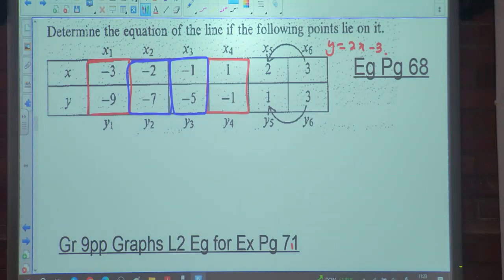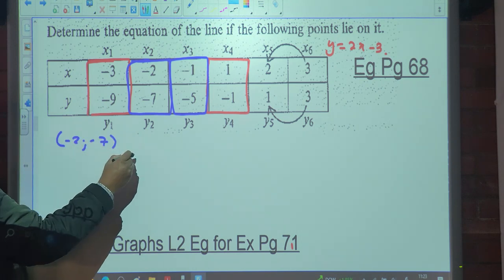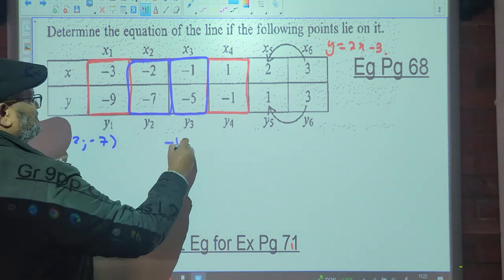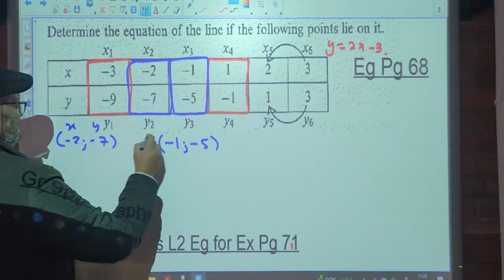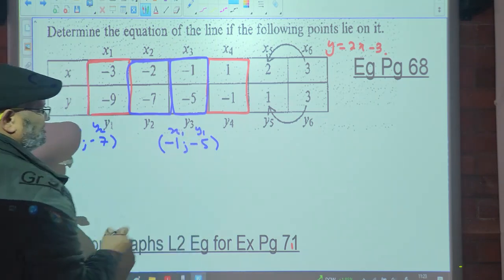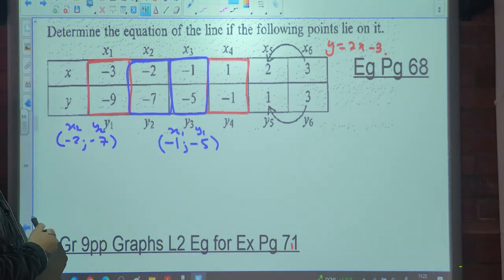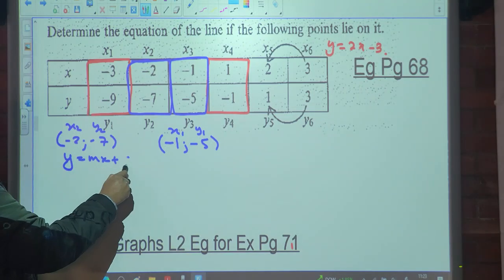Okay? So what is the first coordinate? Negative 2 and negative 7, and negative 1 and negative 5. This is the x2 and y2; this will be x1, y1. What's the standard form of a straight line? y is equal to mx plus c.